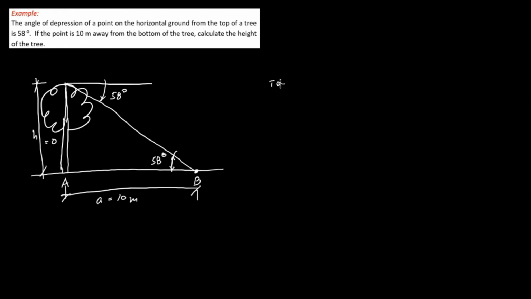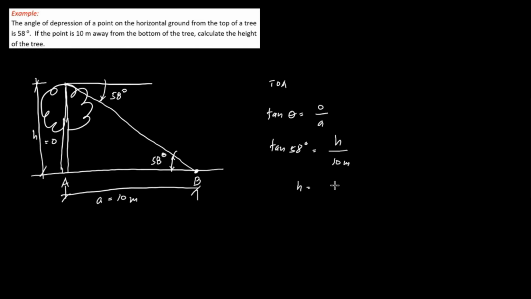So TOA, tangent theta is equal to opposite over adjacent, and the angle theta is equivalent to 58 degrees, and the opposite side is the unknown value, which is the height of the tree, and the adjacent is 10 meters.